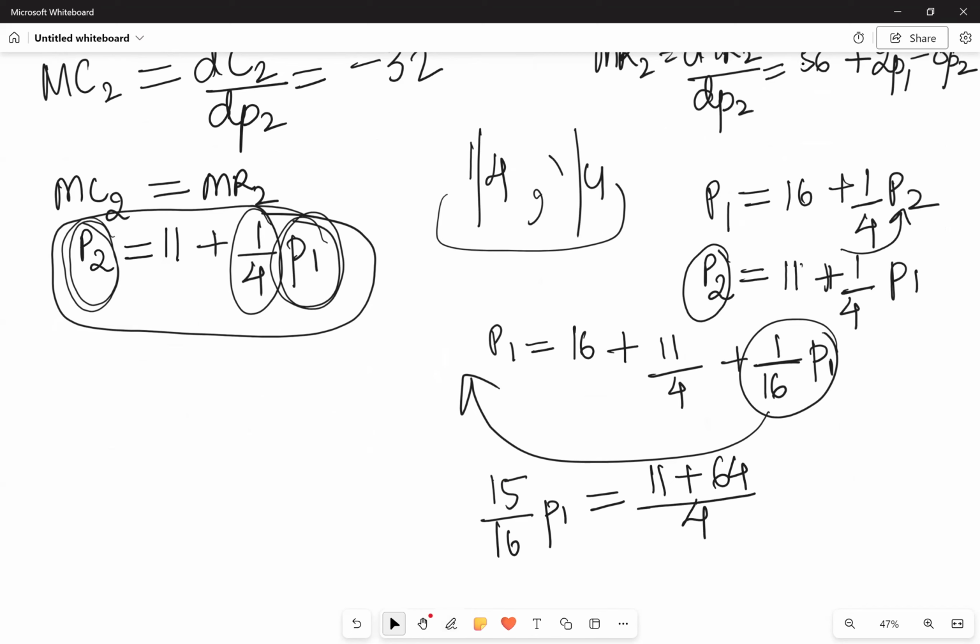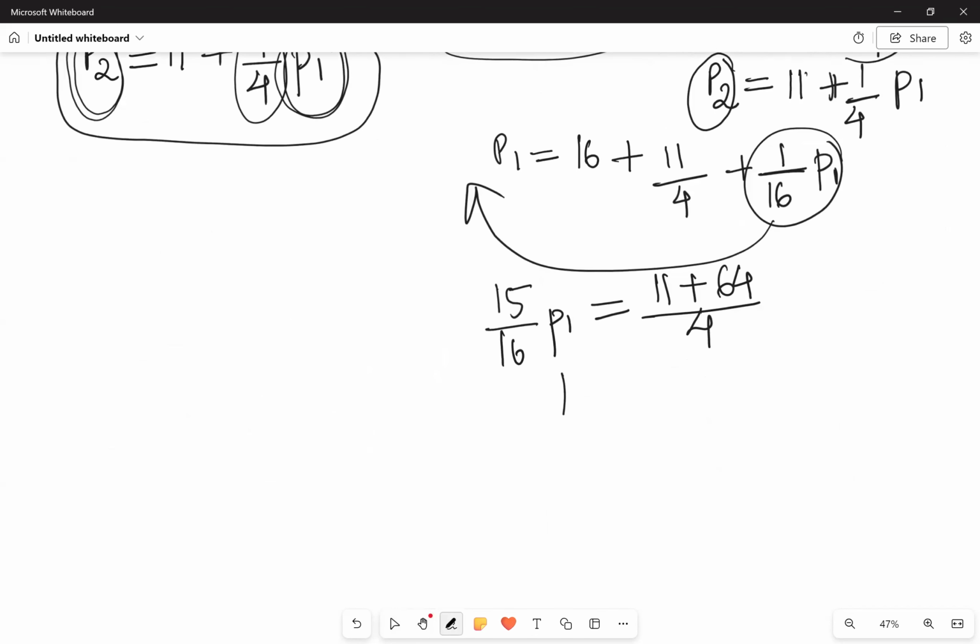So once you simplify it, we get P1 is equal to 20. So the equilibrium price for firm 1 would be equal to 20.